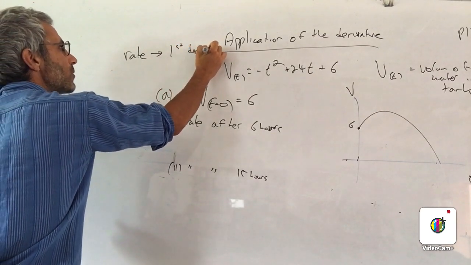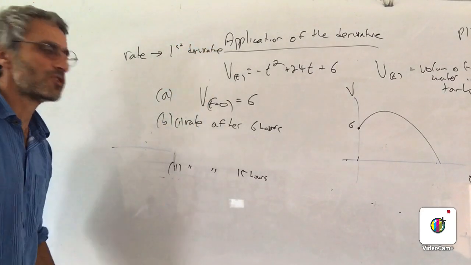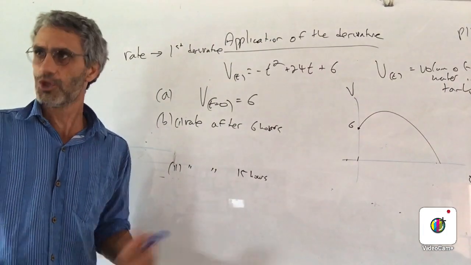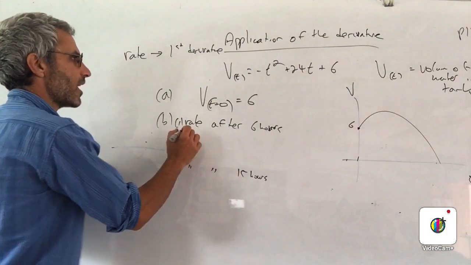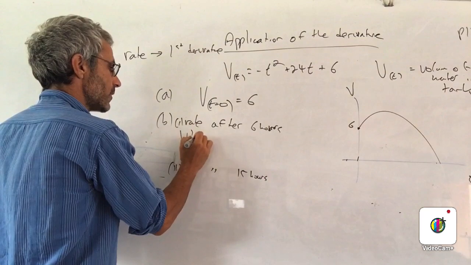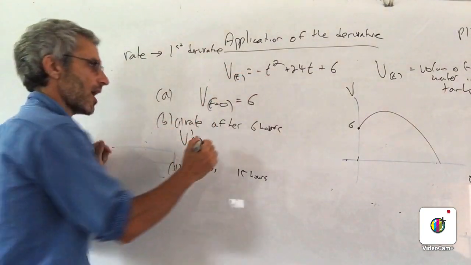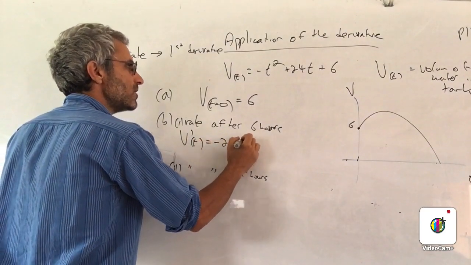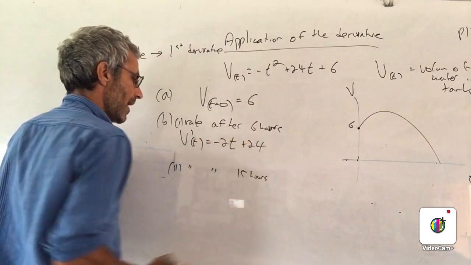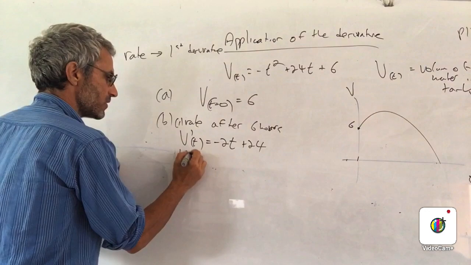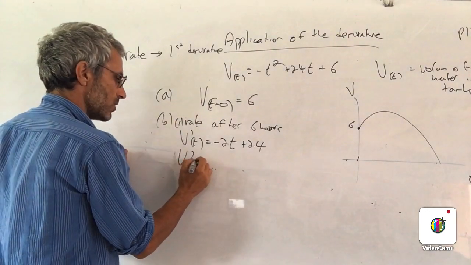Whenever you see rate, you know you need to calculate the first derivative, which is the gradient. So we're going to calculate the gradient. We do the derivative with respect to t. There's no x. Minus 2t plus 24. And if I want to know the rate at 6 hours, we sub in 6.